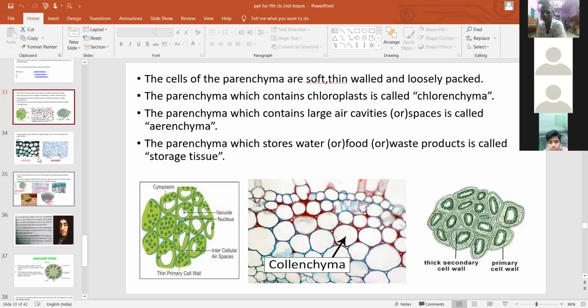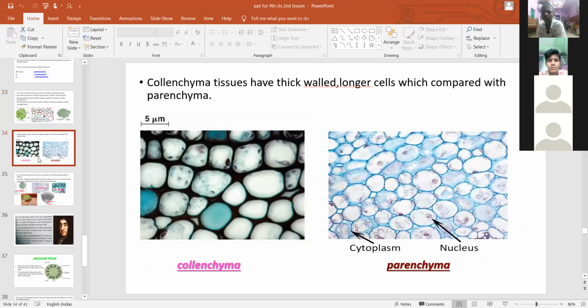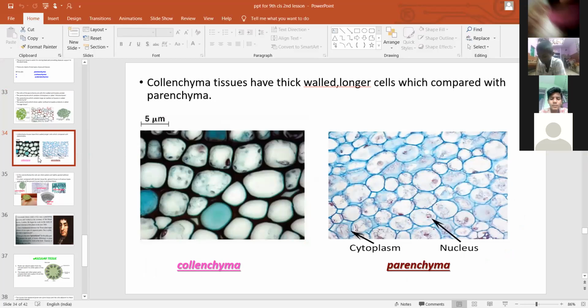Next, the collenchyma tissue has thick walls, and its cells are longer compared to the parenchyma.